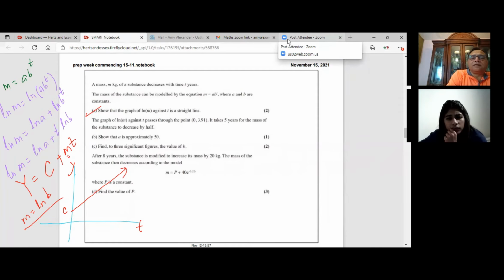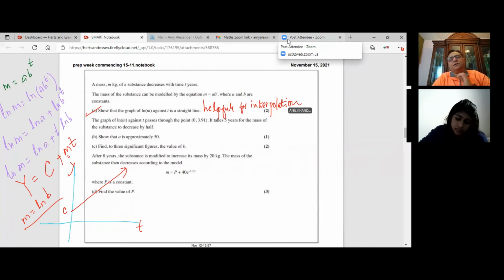I'm just writing a comment here: helpful for interpolation. Since you have a straight line, you can easily work out what the value will be, and even for approximation.